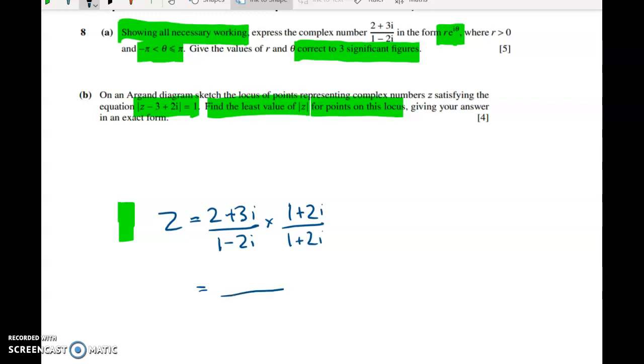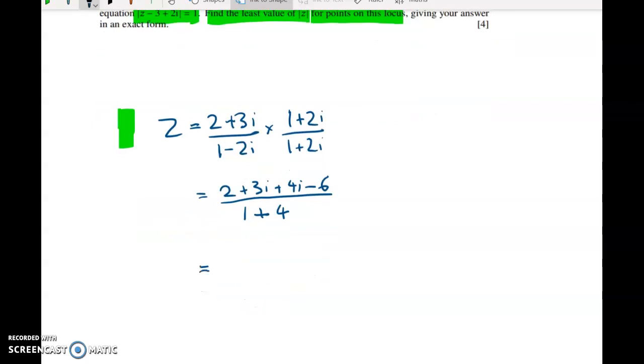So in the denominator we're going to have 1 minus 2i squared, which gives me 1 plus 4. And in the numerator we get 2 plus 3i plus 4i minus 6, giving me negative 4/5 plus 7/5 i. So nothing particularly lovely.